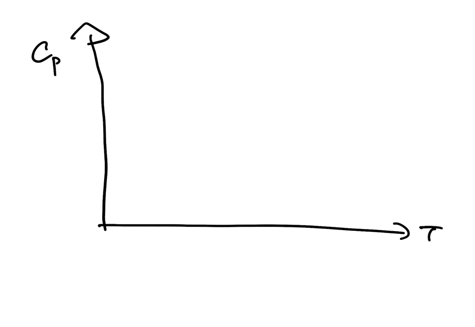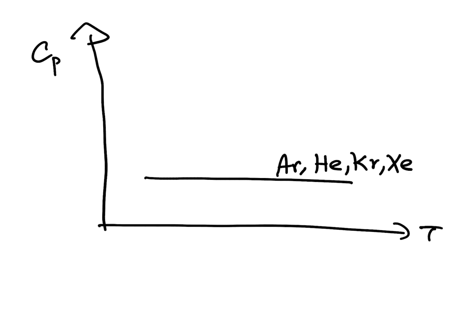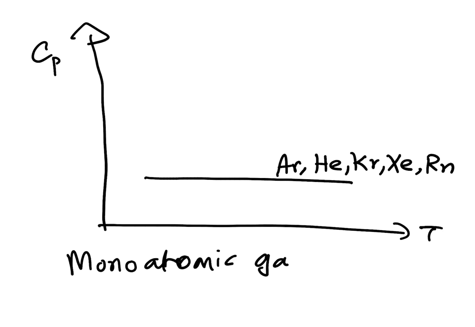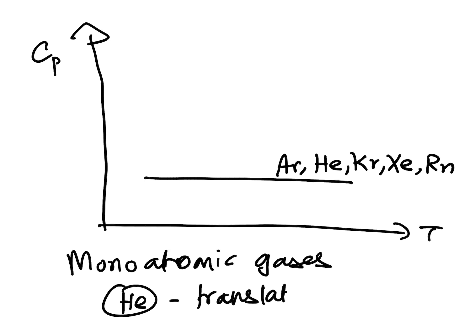What that figure shows is temperature and specific heat. Here is a set of gases which include argon, helium, krypton, xenon, and radon. What are these gases? These are all monoatomic gases, just like helium, which is just one atom, and they undergo only translation. Their translation doesn't get any different at higher temperatures.